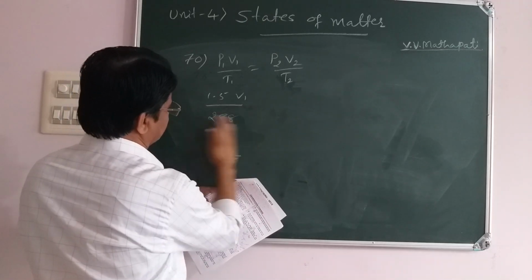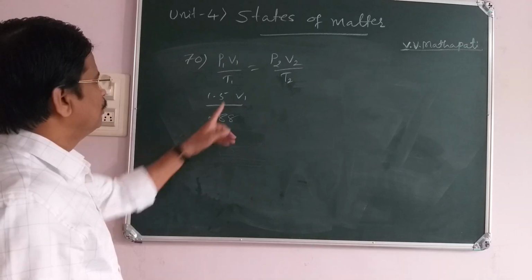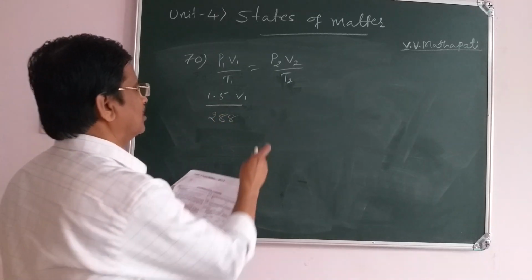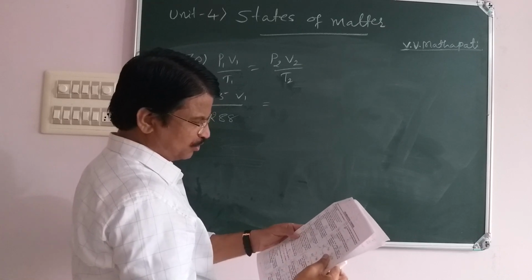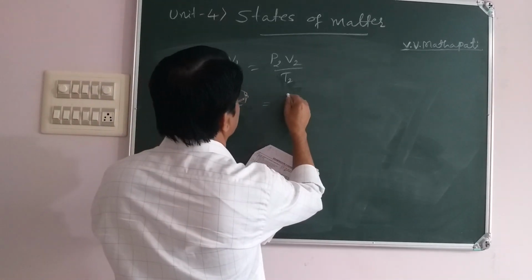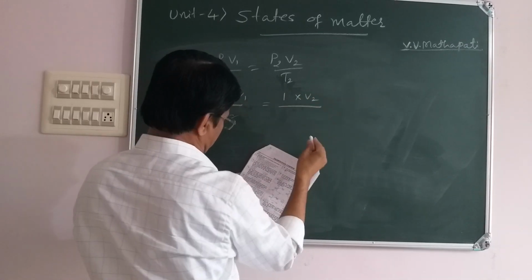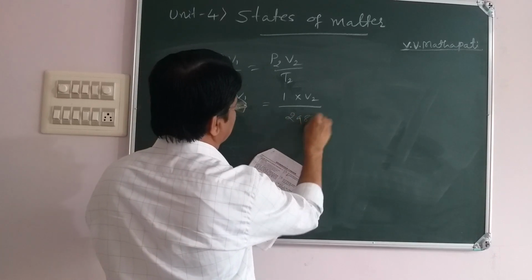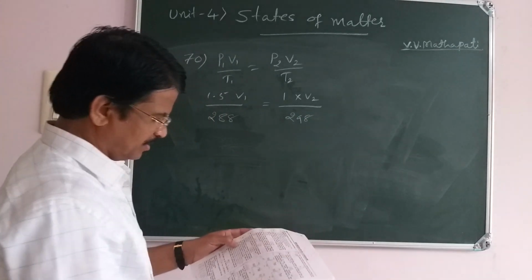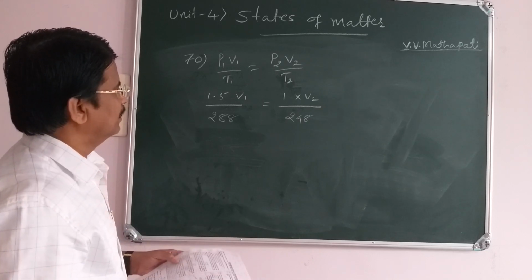Right. P1 V1 by T1 equal to P2 V2 by T2. P2 pressure 1, V2 by 25 degree plus 273, 298.